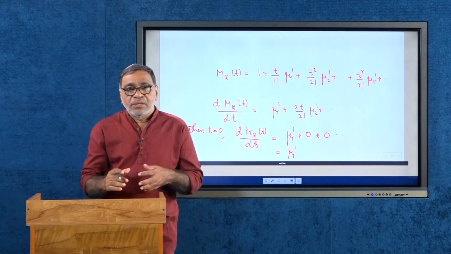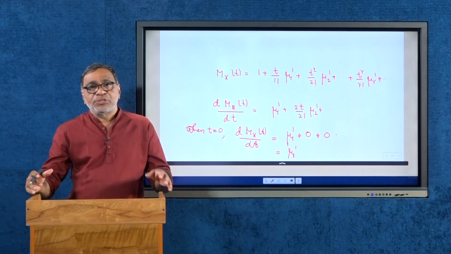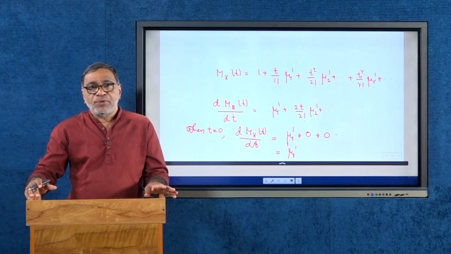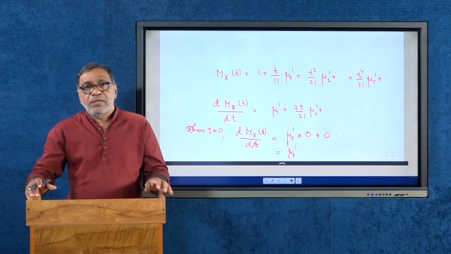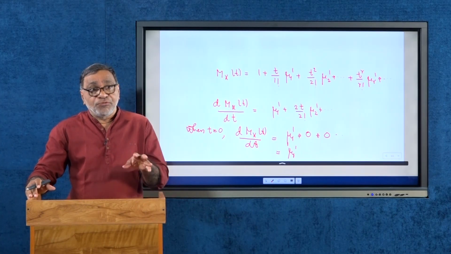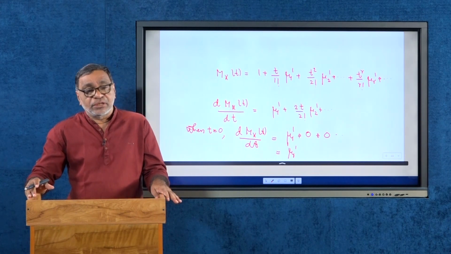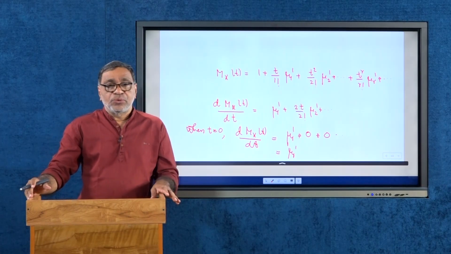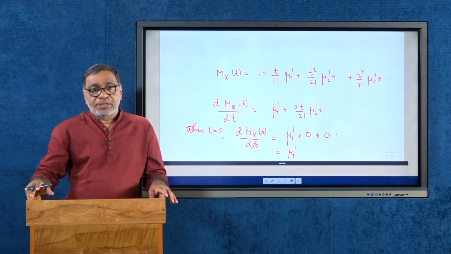So, we can find the moments of the distribution using the moment generating function in another way, that is, if the function is differentiable, you differentiate the moment generating function with respect to t and put t equal to 0, you will get the first arbitrary moment.